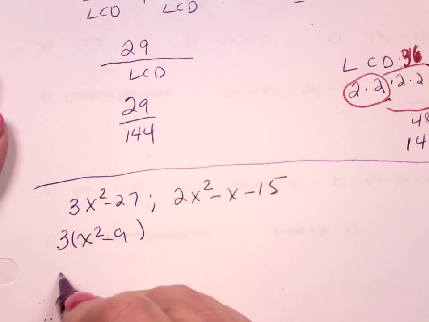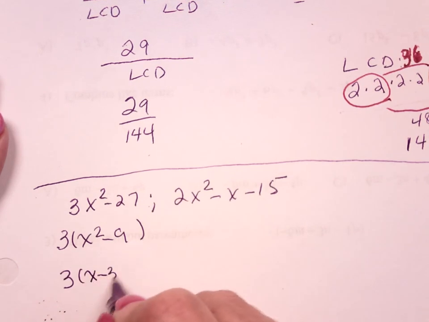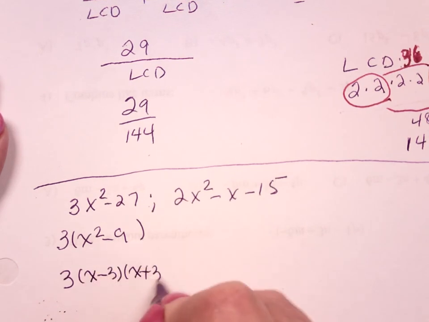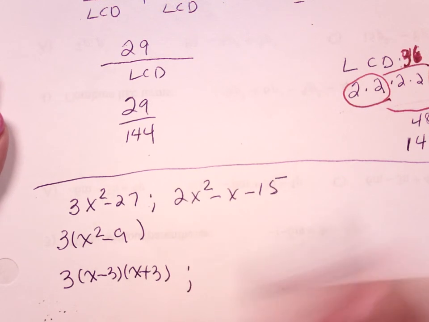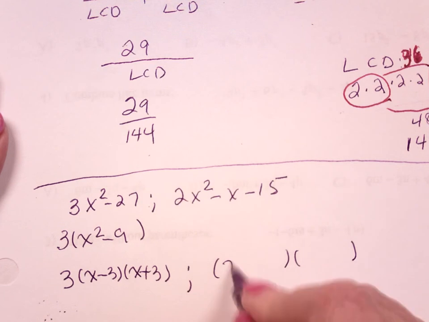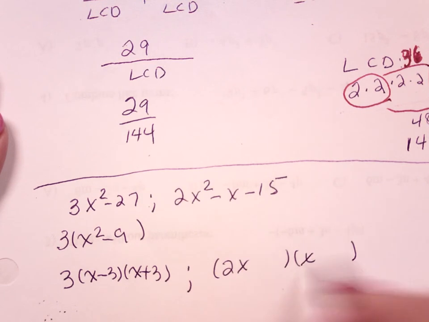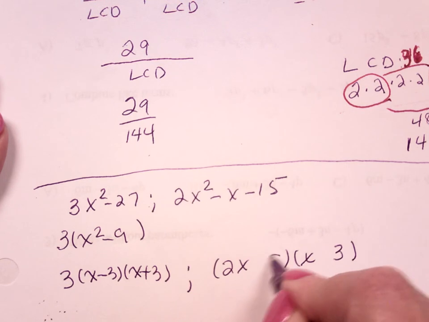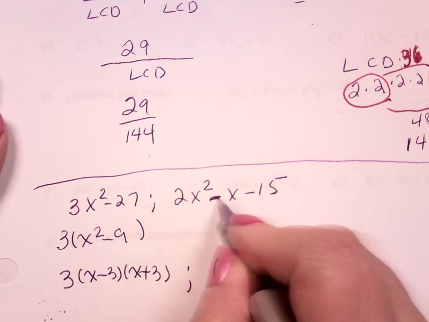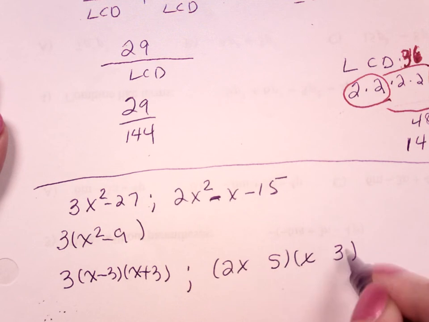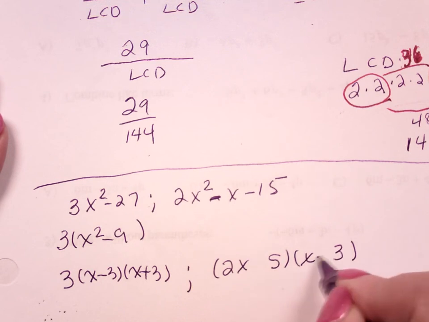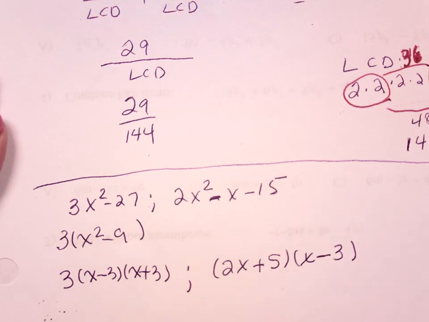Difference of squares, so it's 3 times (x minus 3) times (x plus 3). This one factors, and this is a 2x and an x, and a 3 and a 5, because I need a minus 1. So this is a minus 6 and a plus 5. So minus 6 plus 5.